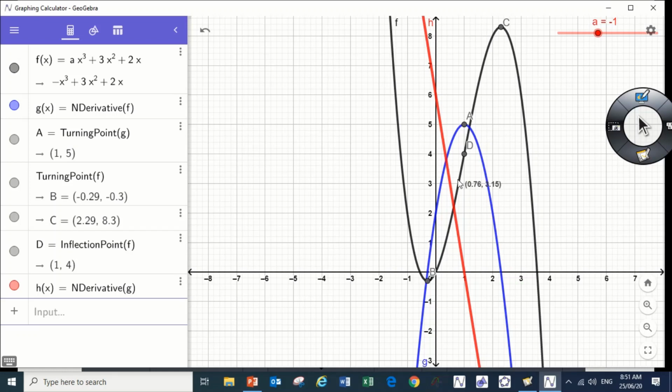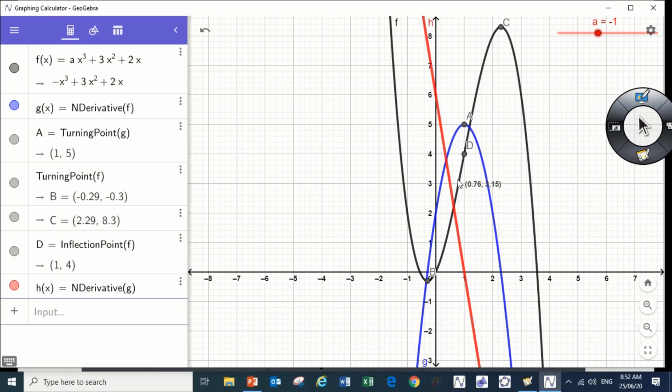So sometimes if they give you a linear function and they ask you, what's the value of x at the point of inflection, you can determine it if the graph is there. Please write that down.